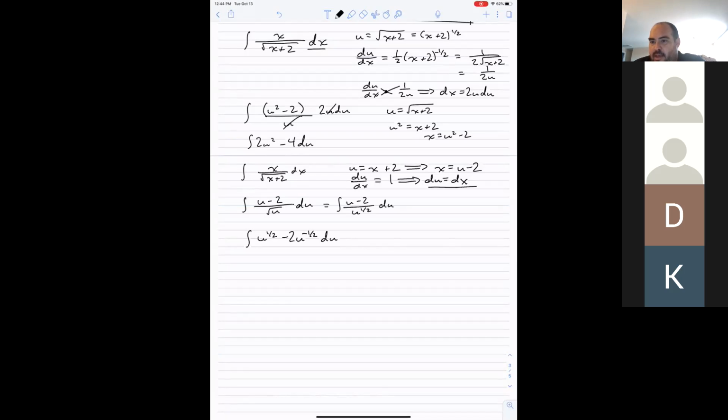Does it make sense how I did that? Yeah. Okay. From there, I think this was the intent, because this integral is pretty simple.